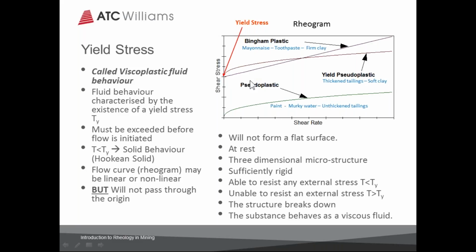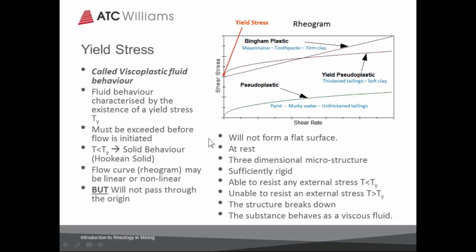To get the material flowing, we have to apply shear stress which is greater than the yield stress. Two of the materials which we're going to be talking about, Bingham plastic and yield pseudoplastic, do not pass through the origin. They have yield stress, so there's an offset up the vertical axis here. Bingham plastic is a straight line relationship, whereas the yield pseudoplastic is a curved line with a yield stress.